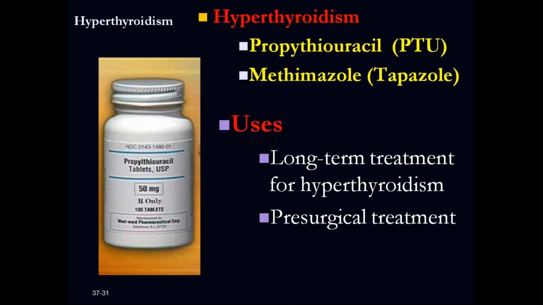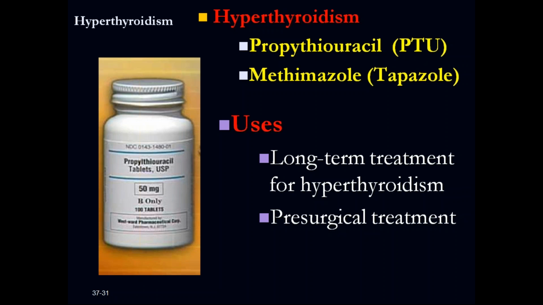So let's talk about hyperthyroidism. We have the PTU and the methimazole. What they do is decrease or slow down the production of T3 and T4. Hyperthyroidism means too high T3 and T4 in your body.